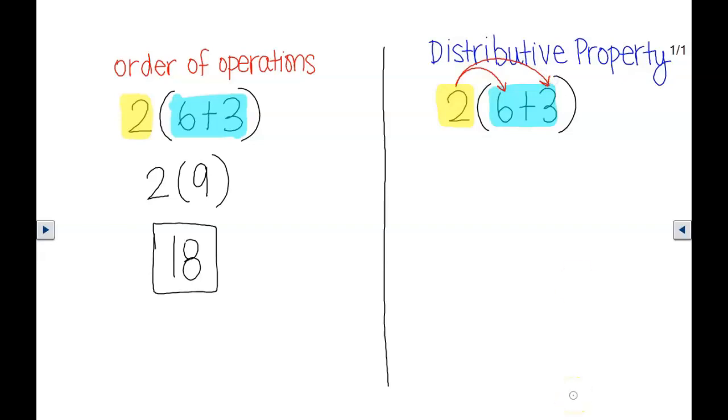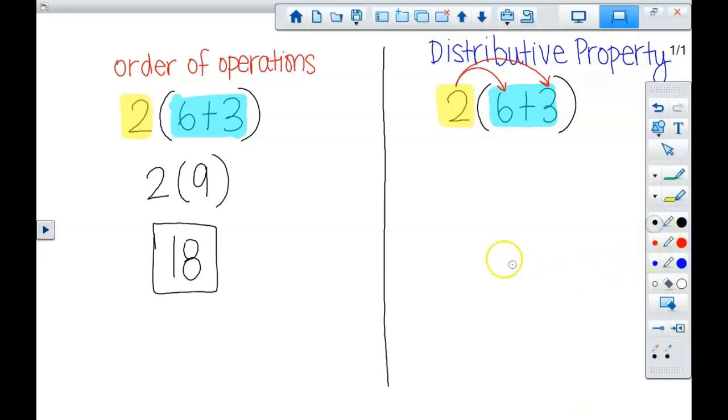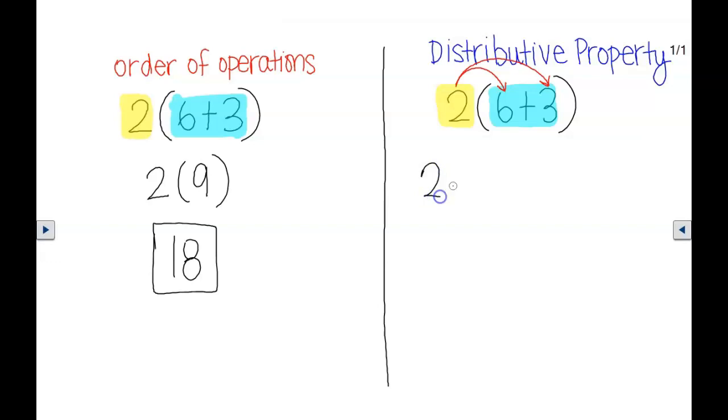So instead of doing 2 times the entire group 6 plus 3, here's what we're going to do instead. We're going to do 2 times 6, so multiply 2 by that first member of the group, and then we're going to do 2 times 3, multiply 2 by the second member of that group, and then we are going to add the answers together.